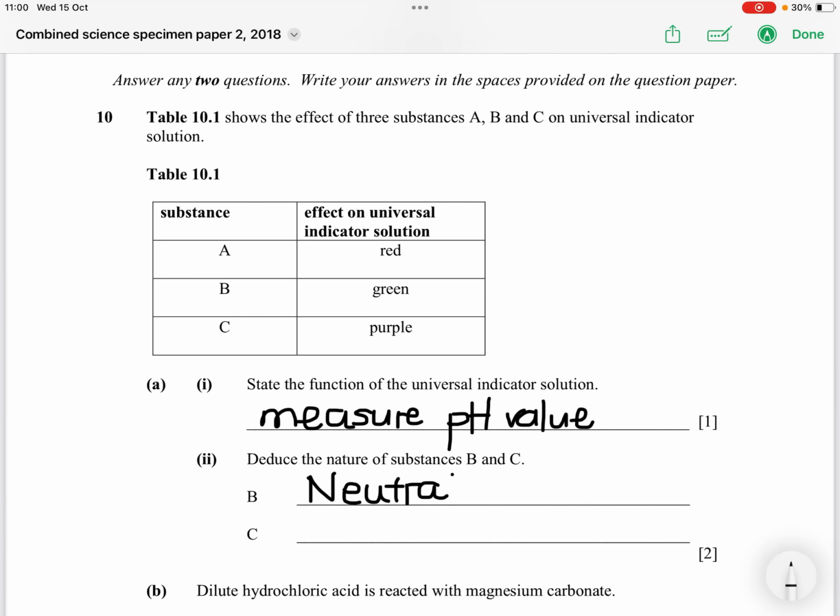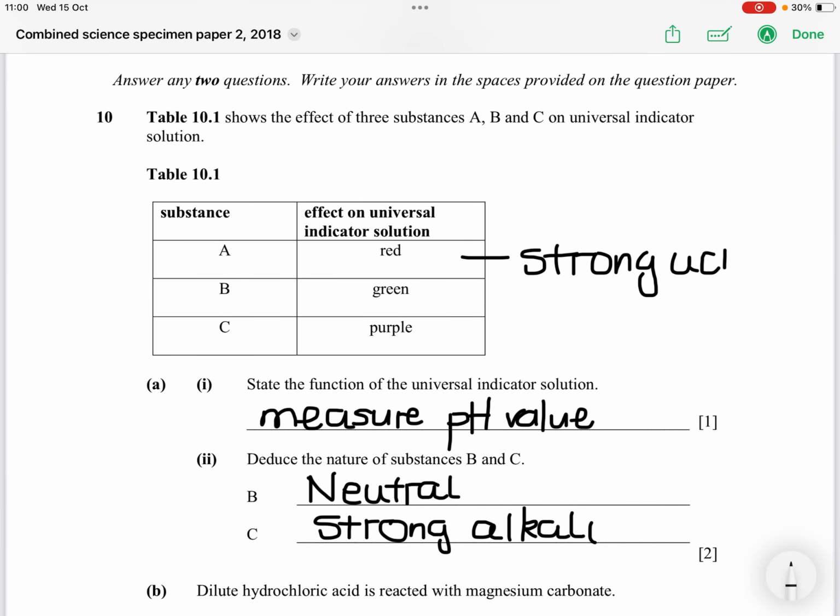So B is neutral, and then C is a strong alkali. So that red, it is strongly acidic.